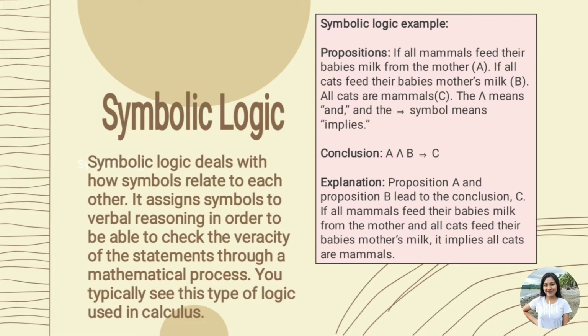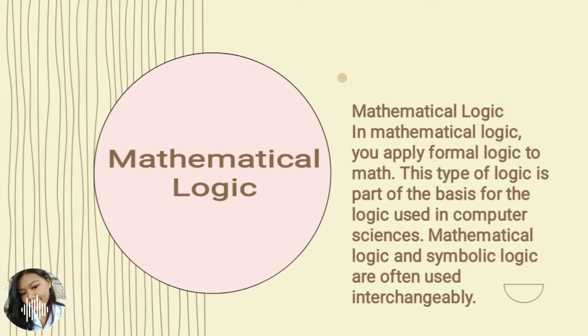So the conclusion we have is A and B implies C. The explanation was proposition A and proposition B lead to the conclusion C. If all mammals feed their babies milk from the mother and all cats feed their babies mother's milk, it implies all cats are mammals. So the four types of logic is the mathematical logic.